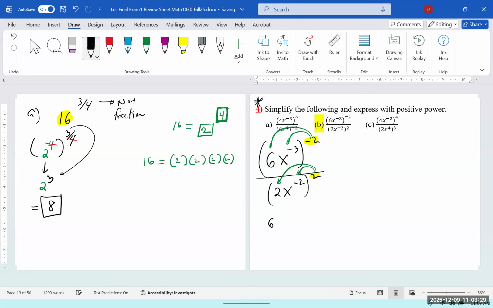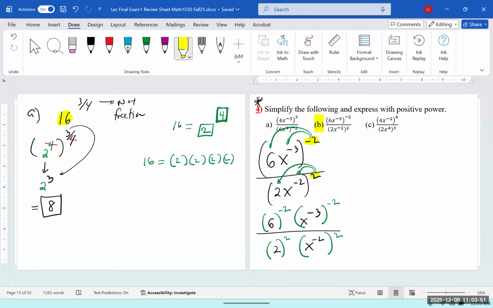So we get 6, x to the negative 3, 2, x to the negative 2. All of them get their individual power when you distribute. The numerator has negative 2, the denominator has positive 2 power. And then we use the power rule when you have 2 powers together.